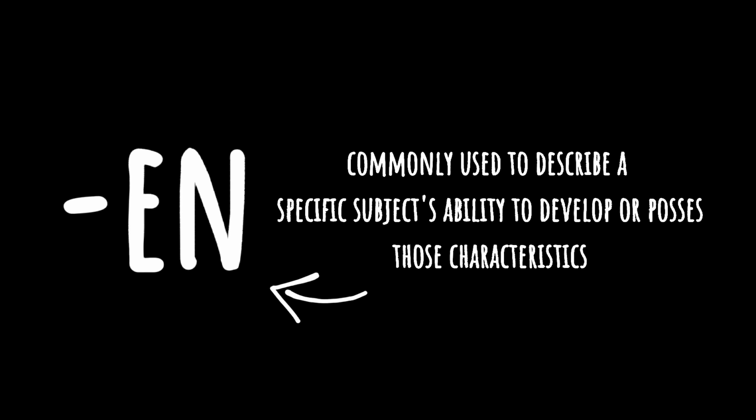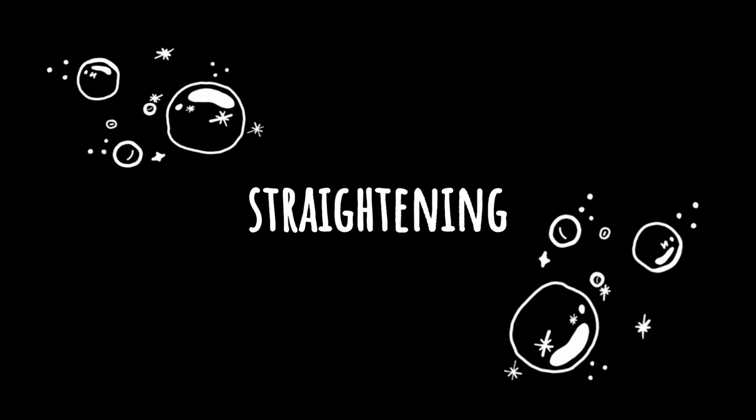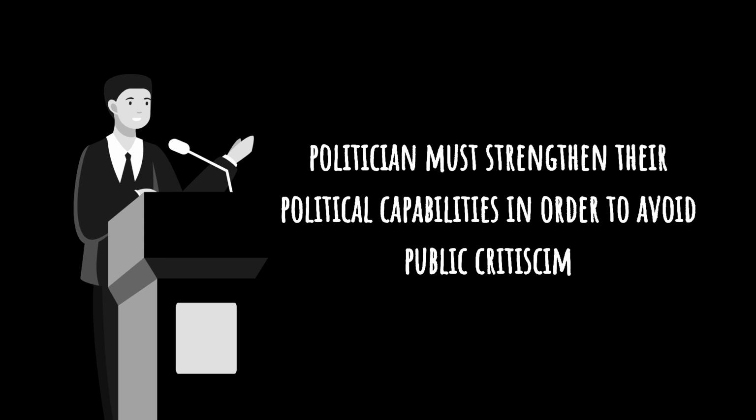Verb suffix "en." It is commonly used to describe a specific subject's ability to develop or possess those characteristics. Examples include fastening, strengthening, and straightening. Example sentence: Politicians must strengthen their political capabilities in order to avoid public criticism.